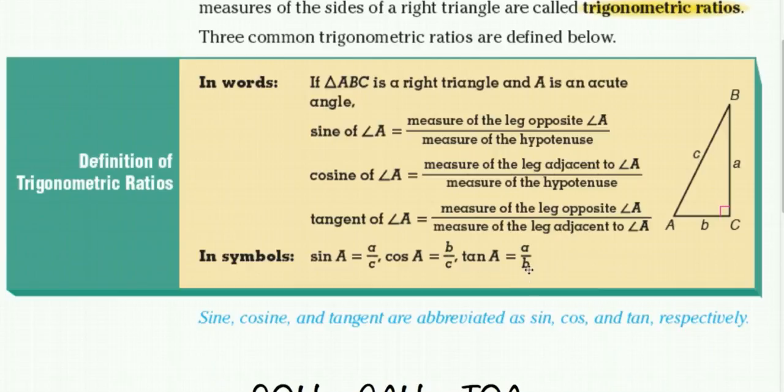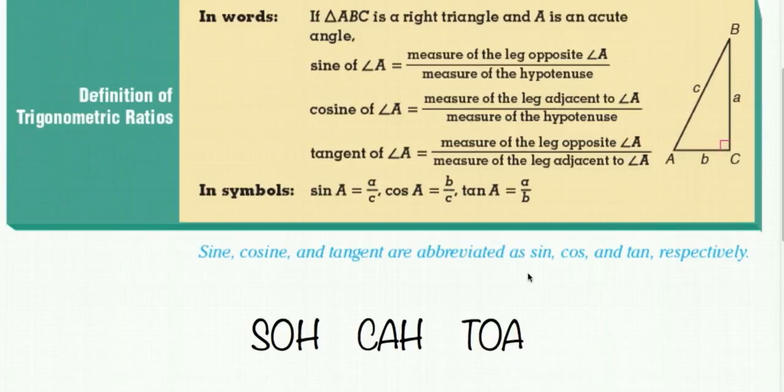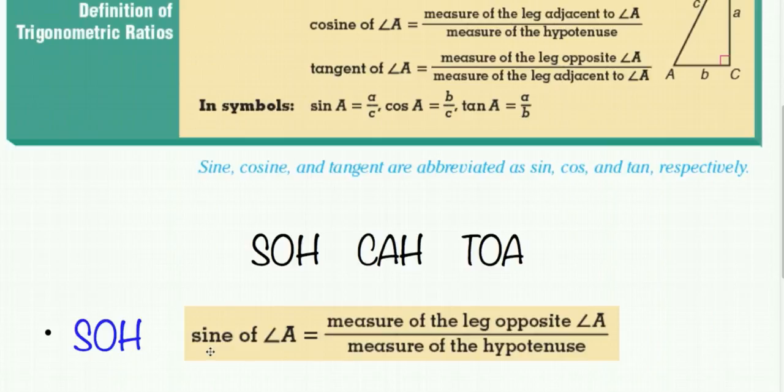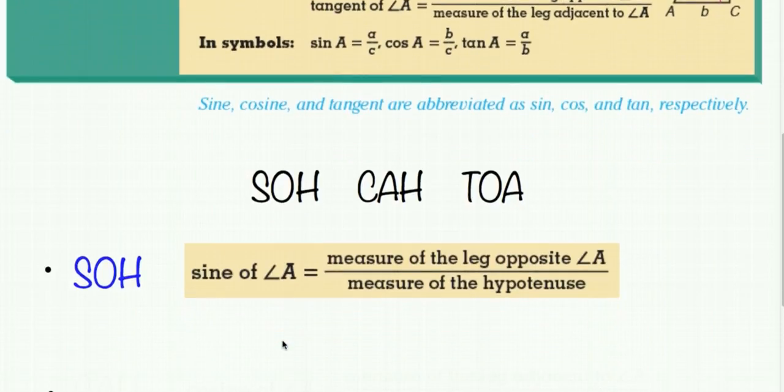There's an easier way to remember these three ratios, and this is the SOHCAHTOA way. Again, SOHCAHTOA. What does that mean? Okay, SOH is our sine ratio, which simply means it's the opposite over hypotenuse. So S is sine, O is opposite, H is the hypotenuse. Sine equals opposite over hypotenuse.